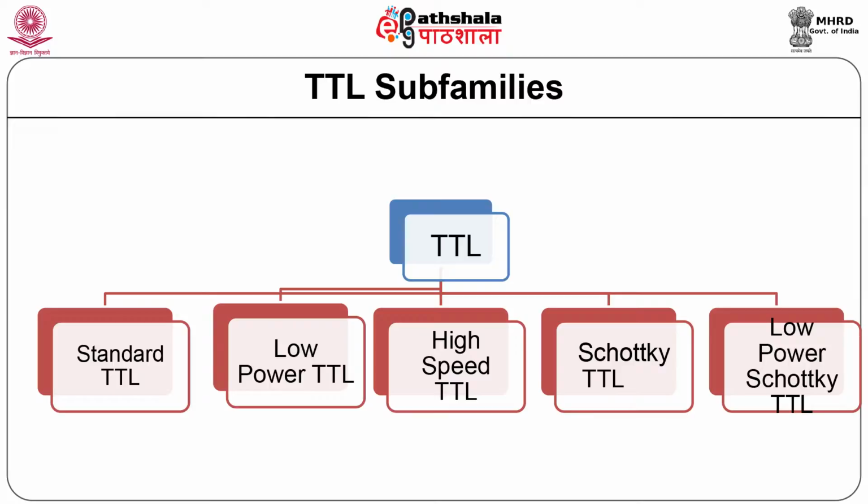In one family, power is reduced, while in another family the speed is increased, that is, propagation delay is reduced. In low power Schottky, power dissipation is less and the propagation delay is comparatively less. Let us see what are the parameters or the characteristics of these different TTL subfamilies.